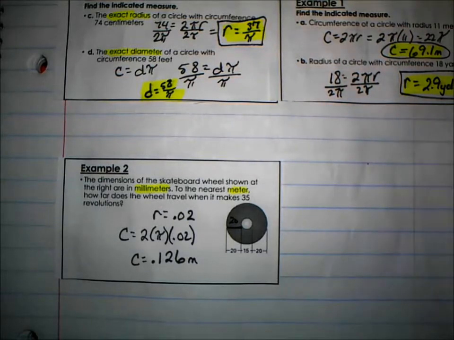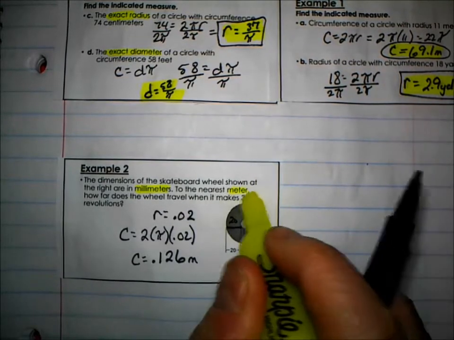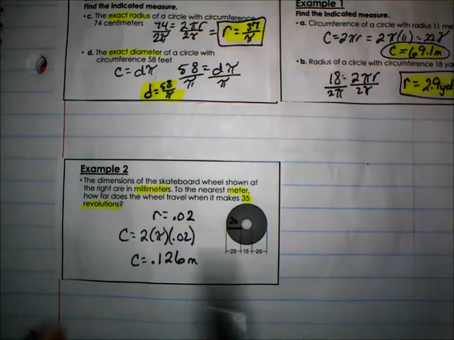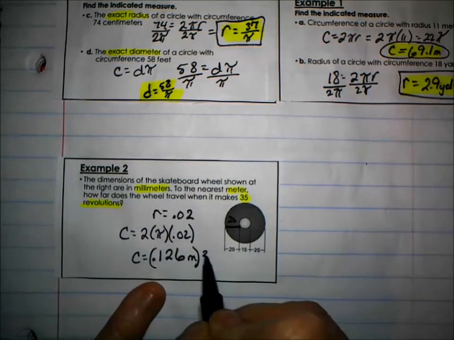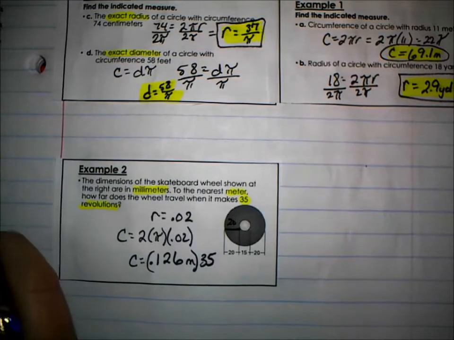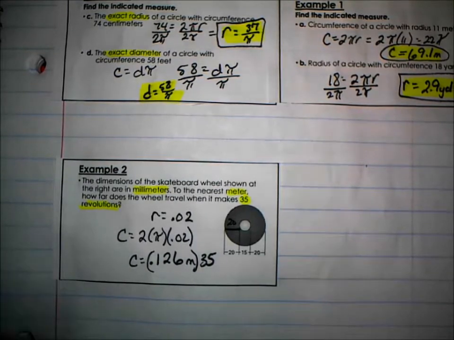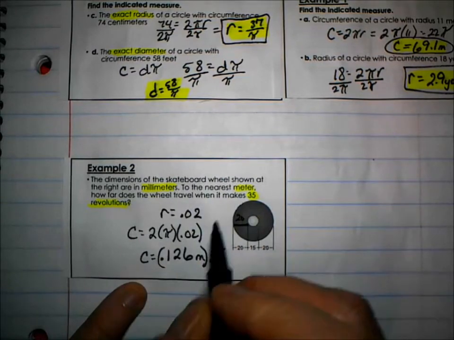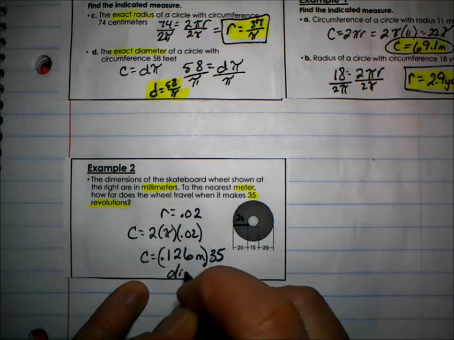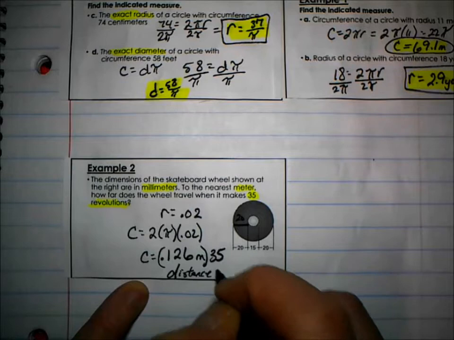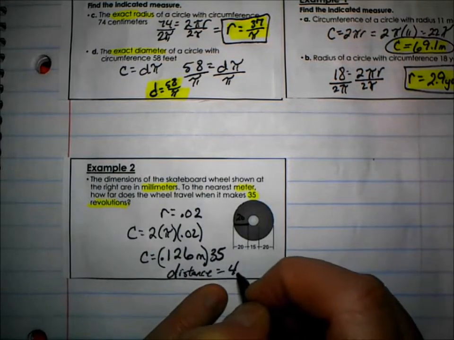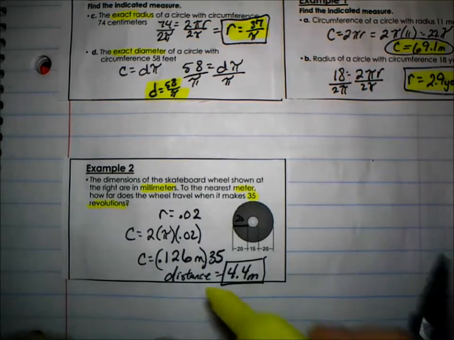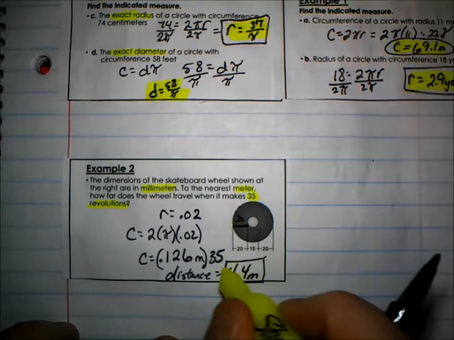Then it tells me another important number, that it is going to go around in revolutions 35 times. So I'm going to take that value and multiply it times 35. And that distance appears to be 4.4 meters, which is how far this wheel actually travels for my final answer.